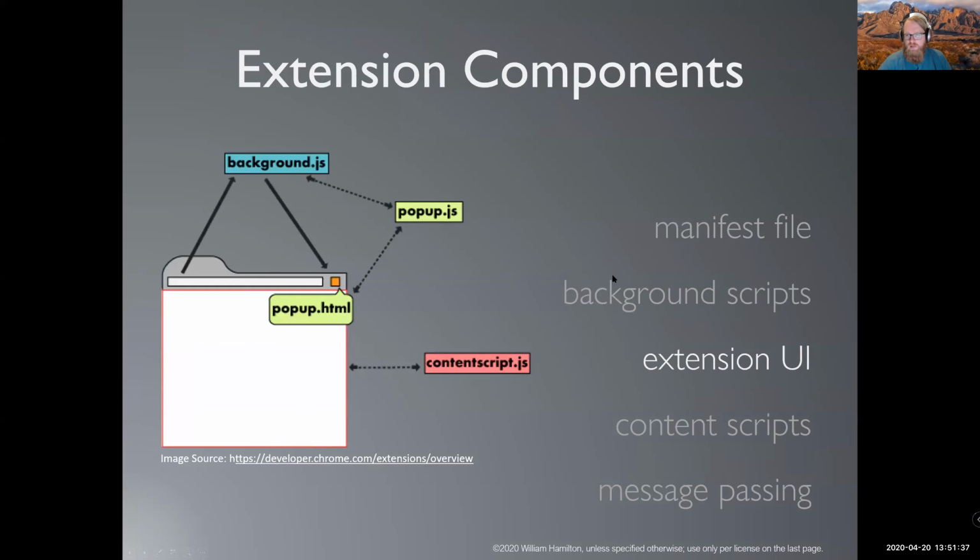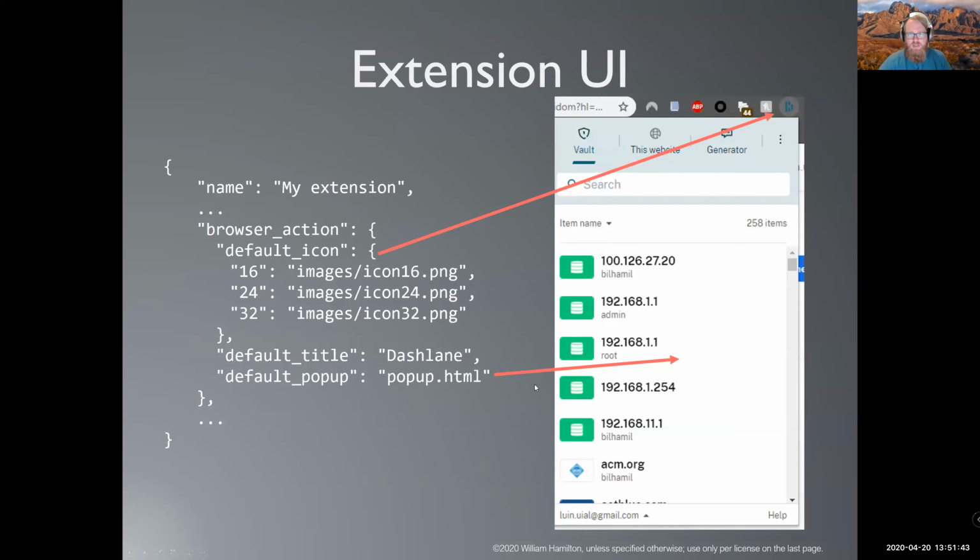All right, so the UI for your extension is very simply, as I mentioned before, this icon along with this little pop-up window. All you have to do to specify this is use the browser_action property in your manifest file, which specifies the default icon for the UI here.